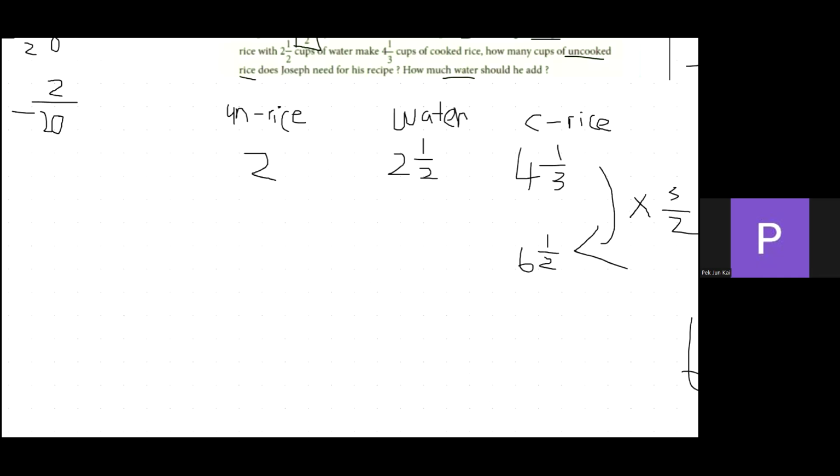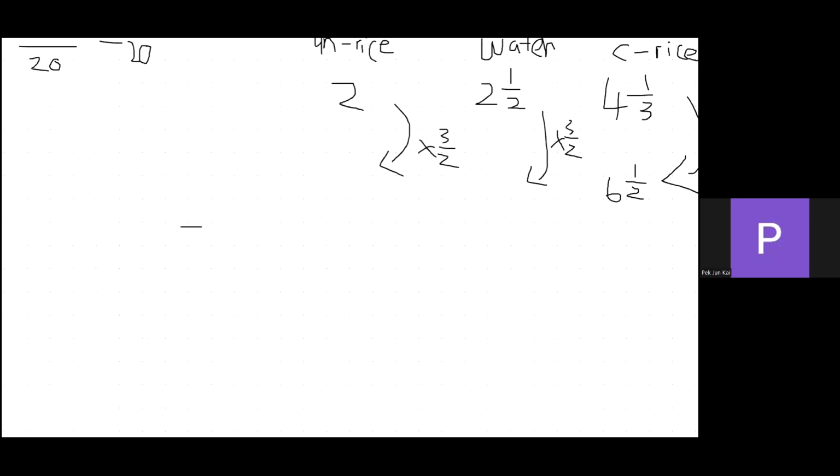So we can do the same thing here. This times 3/2 and 3/2, and we would get the answer. So 2 times 3/2 become 6/2, which is 3.